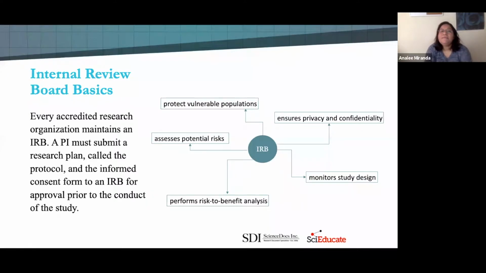Some of the things that you need to consider is that you have to protect vulnerable populations if they are part of your study, which in my study, there were, because I tested participants that were children, ages 4 and above. I needed to ensure that the information that I collected was kept private and confidential. I needed to assess the potential risk to each participant, especially since I was going to be using a UHF-VHF radar. And it was pretty wide band.